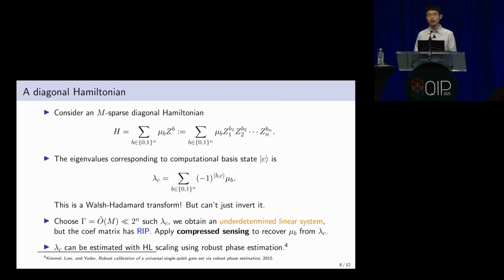There's a global phase. What we do is estimate the difference between two eigenvalues. You prepare a superposition between two eigenvectors, and then you evolve with time, and the eigenvalue difference will be reflected in your measurement results. That gives you the robust phase estimation procedure that can help you recover the eigenvalue from frequencies. Okay, gotcha. Thank you very much.